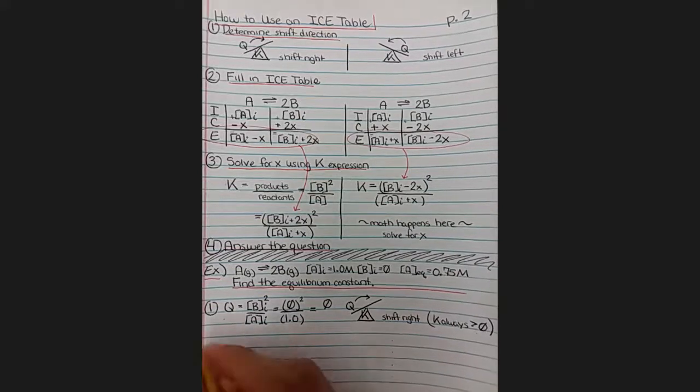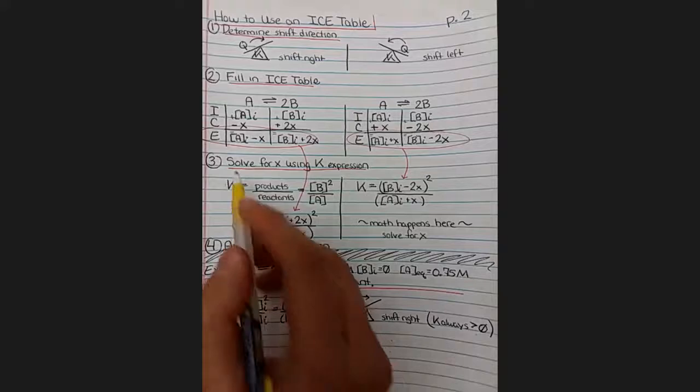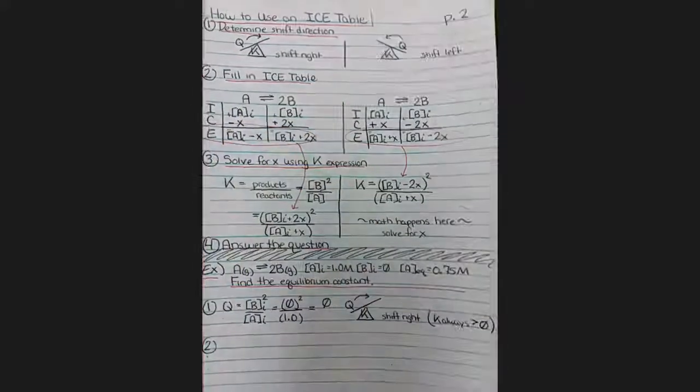Okay, so step 2, make our ICE table. We're going to do ICE along the side and the reaction along the top. I like to include the phases as well, just to remind myself to check whether these are going to be pure solids and liquids. All right, so we're going to fill in the table with what we know from the problem.